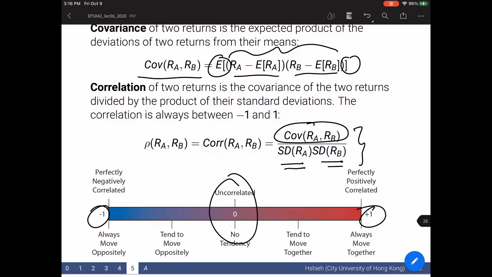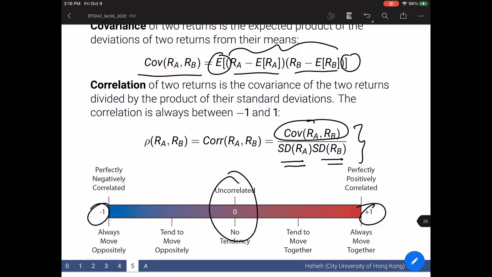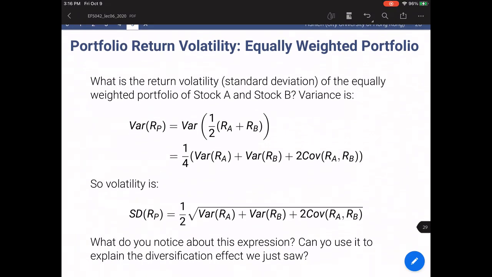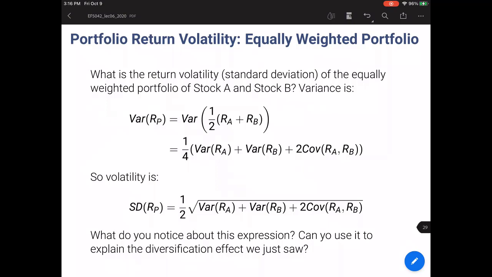So let's move on to calculating the variance and standard deviation of our portfolios. So recall the properties of variance. It's very straightforward when everything is linear, and when we have a portfolio that is simply defined as a weighted average of returns, it's very easy to break down our portfolio variance into separate components.